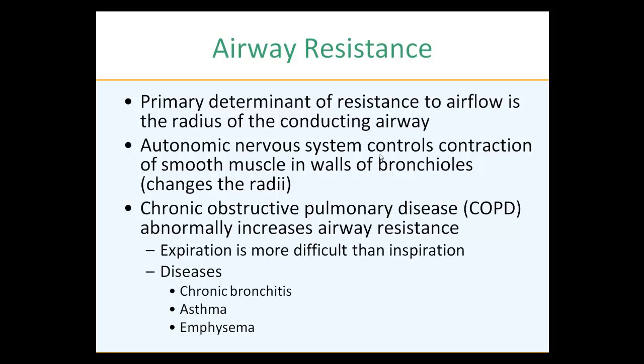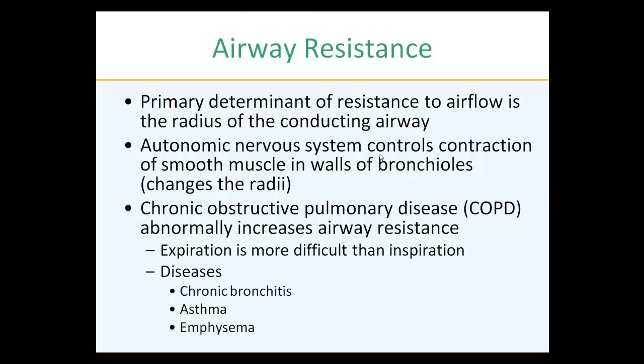Just similar to the facts that we learned from the cardiovascular system, if you change the radius of the blood vessels, then you are increasing the resistance, and therefore you are not allowing the flow to occur as much. Exactly the same thing happens when we are dealing with the lung.